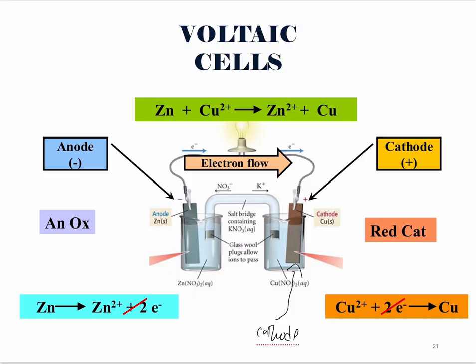Those electrons go into the current-carrying wire and meet at the cathode, where the species gets reduced. We have a surplus of electrons at the surface of the cathode. Our copper 2+ ions in solution pick up electrons and become solid copper.